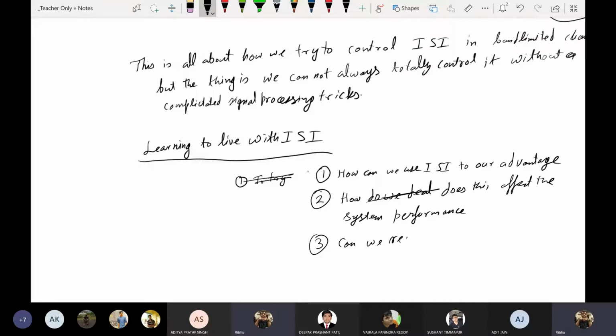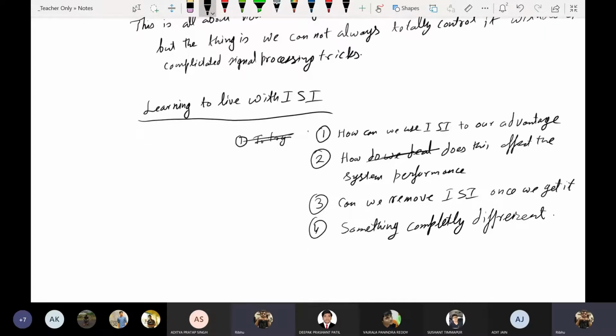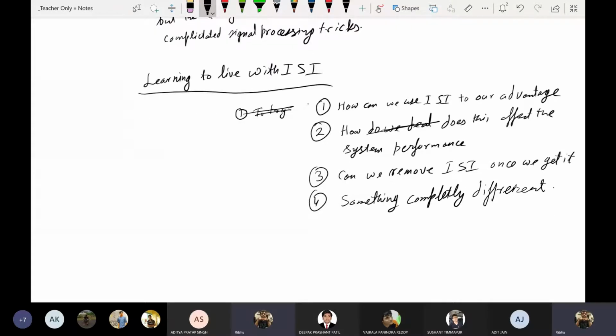Can we remove ISI once we get it? Completely different. Fine. So these are the topics in this chapter that we are still left with. So I'll cover them one by one.